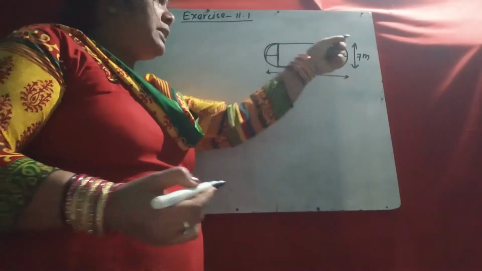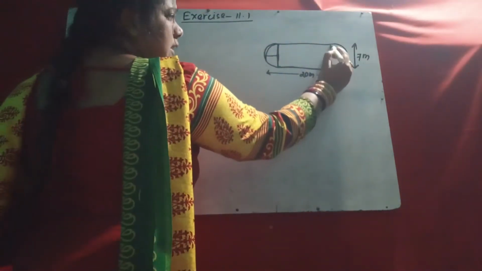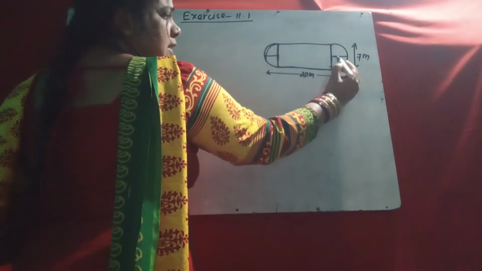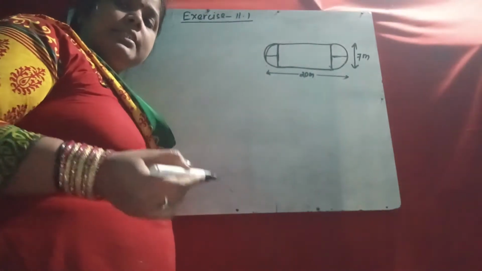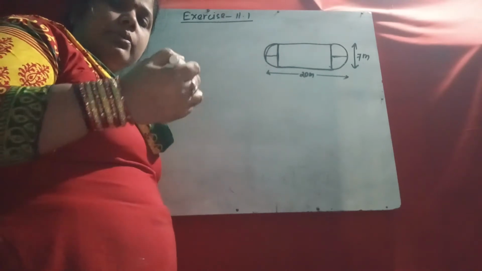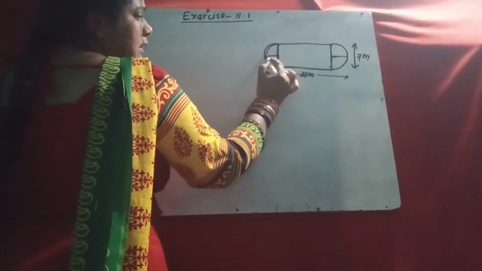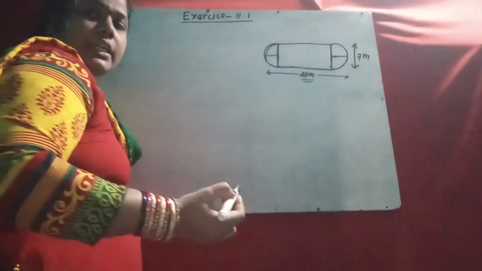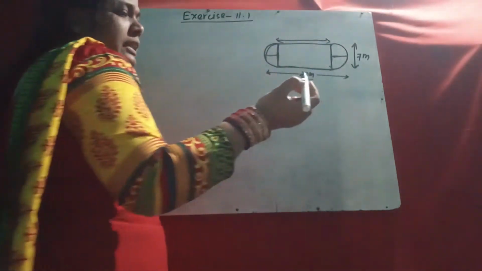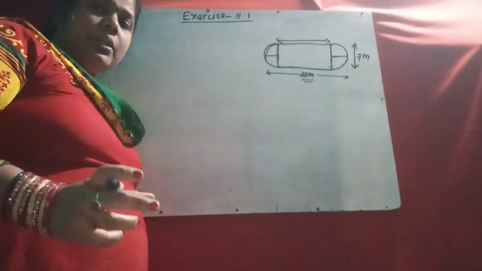It is 7 meter, so here also it is 7 meter. The radius is half of the 7 meter. So you have to subtract half of the 7 meter here and half of the 7 meter there from 20 meter. Then you will get the length of the rectangle only.